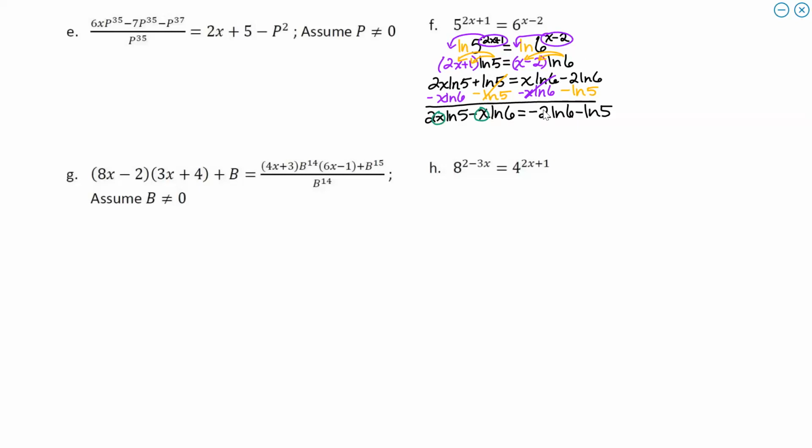What kind of expression am I looking at here? First 3 letters are log. What can I do with exponents if I have a logarithmic expression? Put them in front. So I can take this squared, drop it down in front.